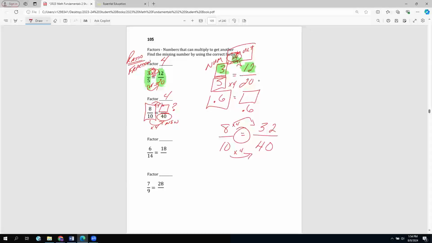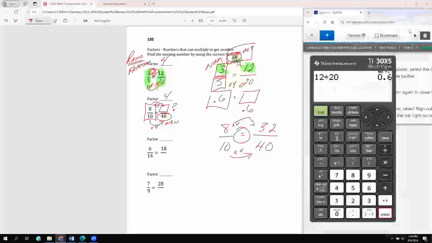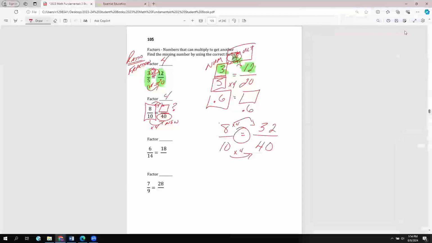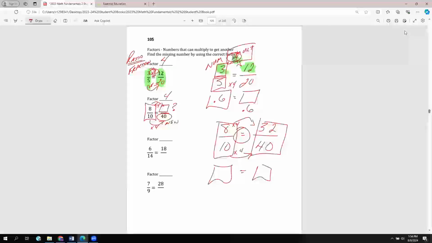And if you ever want to prove it to yourself, or you're like, I'm not sure, Darren, if I'm doing this right, did I do it correctly? Say, okay, first, show 8 of 10 as a decimal. And whatever 8 of 10 is as a decimal, 32 divided by 40 should also be as the decimal. So not only are these fractions equivalent, their decimals should also be equivalent.